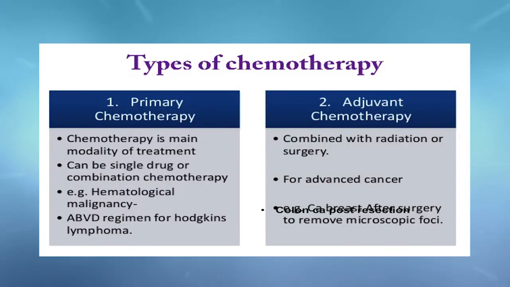In acute leukemia in pediatrics, the cure rate is more than 90%. Hodgkin lymphoma, the cure rate is more than 80%. Non-Hodgkin lymphoma, the cure rate is more than 70%. And these diseases are treated mainly by chemotherapy.